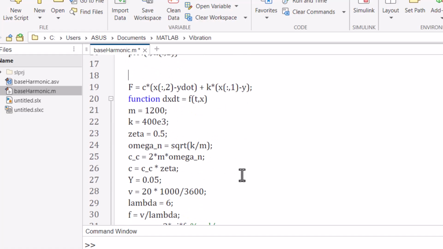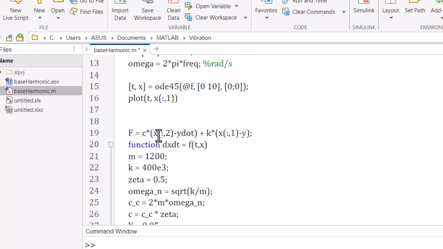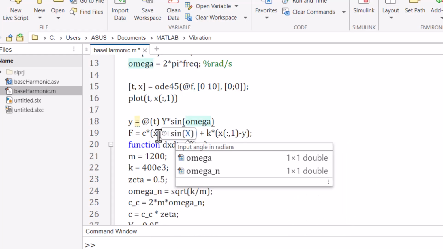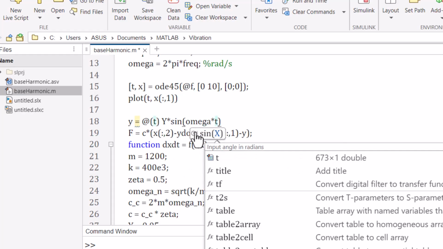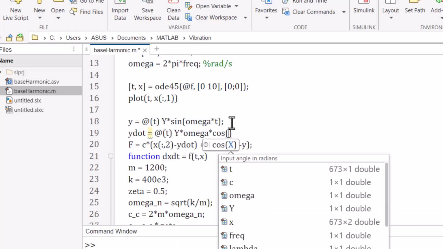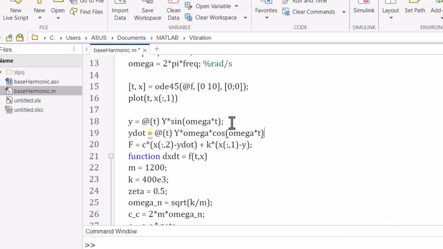I define them as functions here. So Y is, let me define it as a function of time, Y times sine of omega times t. And Y dot is again an anonymous function of t equal to Y times omega times cosine of omega times t.